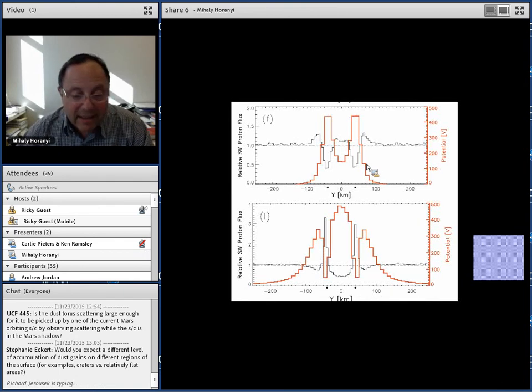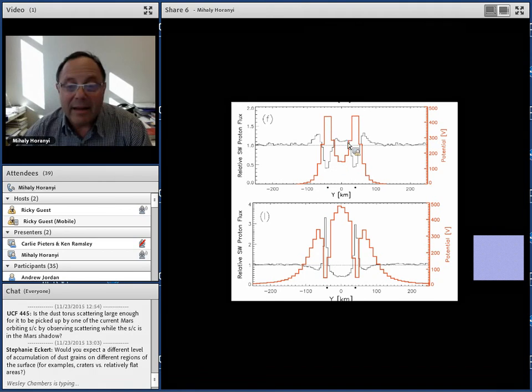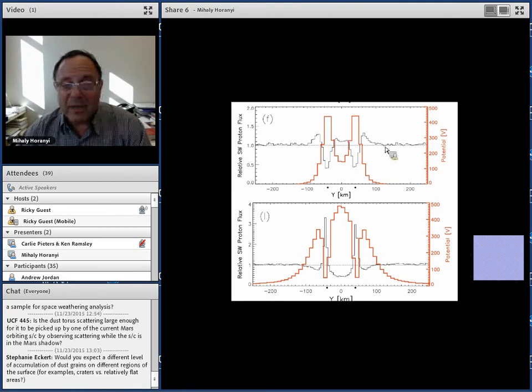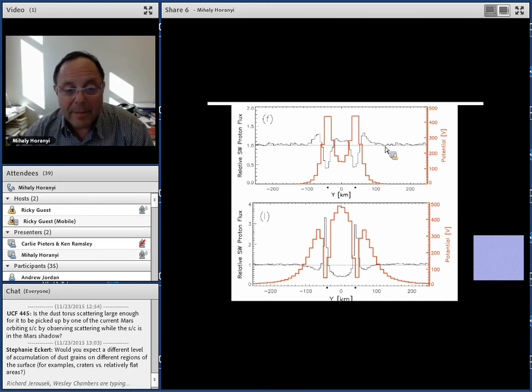Here it is, the top part, that was a better magnetic field model. You see something similar. I would refer back to Carly's talk about what exactly is happening when solar wind ions are hitting the surface. But maybe indeed these are the ones responsible for making bright and dark patches.